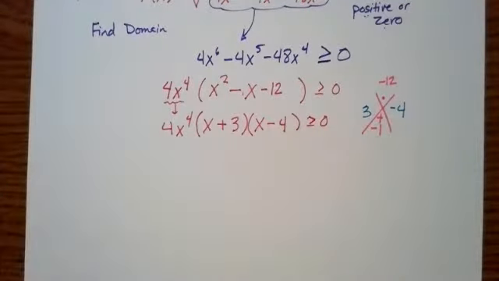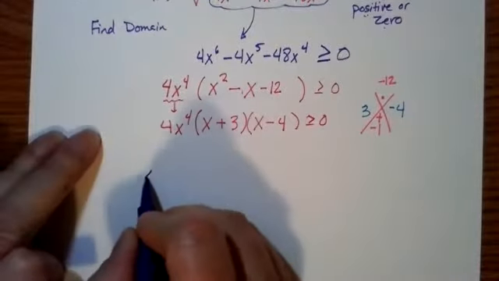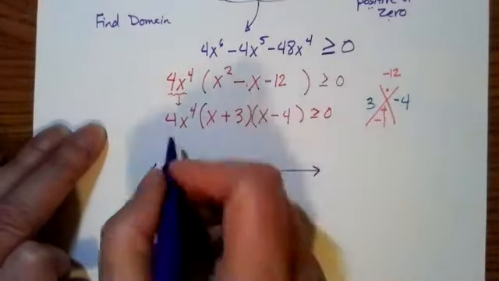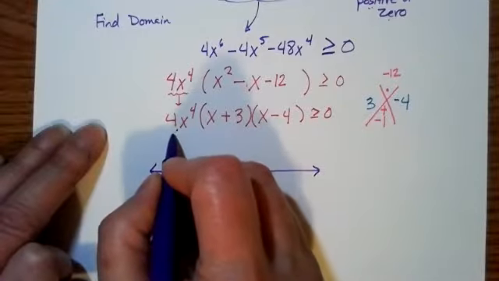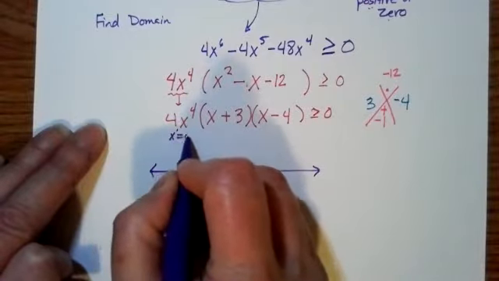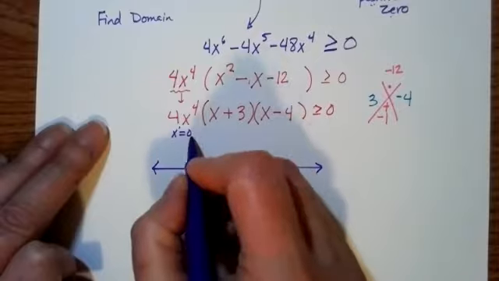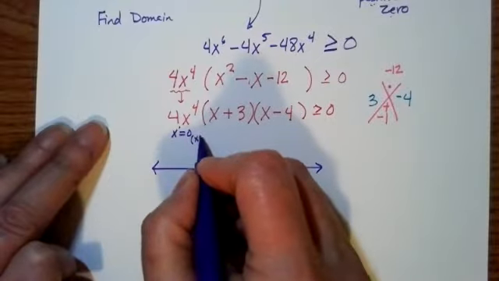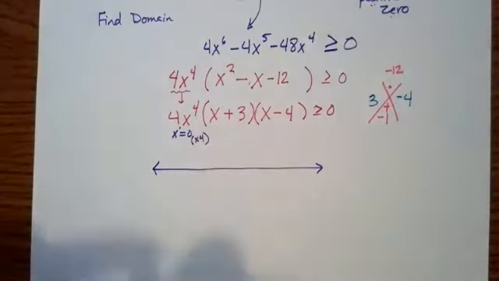All right, ready, rock and roll. Let's figure out what our roots are, and I am going to put them on my number line even as we speak. Okay, the first factor will create a 0 if x equals 0. And the multiplicity on that x is fourfold, 4 times multiplicity.